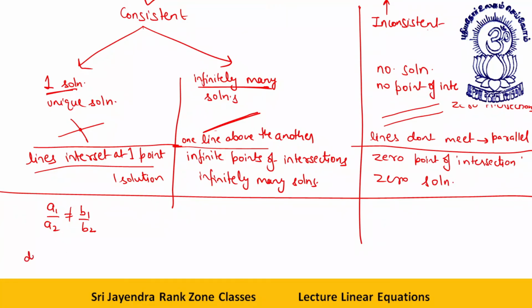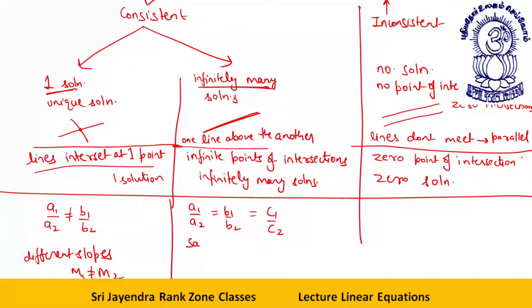We have different slopes, m1 not equal to m2. Here you have a1 by a2 equal to b1 by b2 equal to c1 by c2. Same slope, m1 is equal to m2.